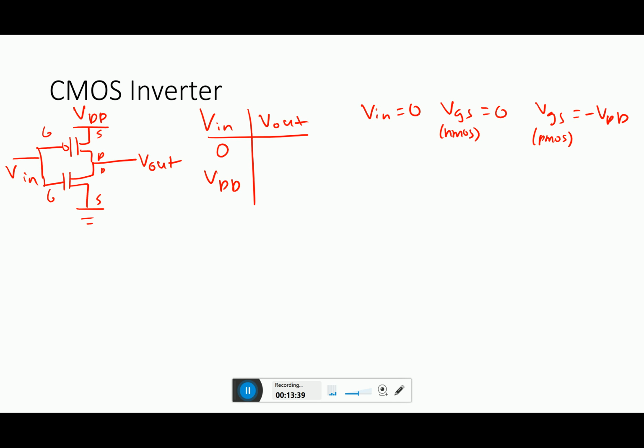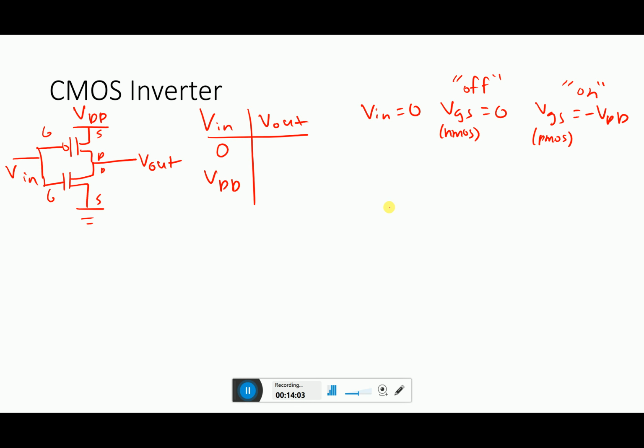So in this case, what does the circuit look like? For VGS equal to 0 for the NMOS, that means this is off. And the PMOS for negative VDD, that means it's approximately on. So we're making the assumption that VDD is greater than the threshold voltages, but for a well-designed circuit, this is almost always true.